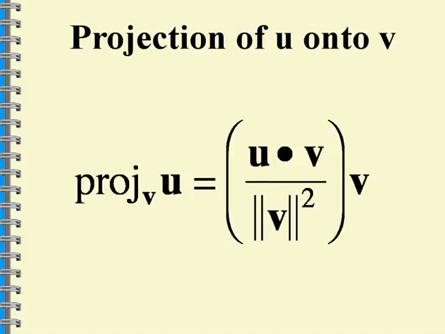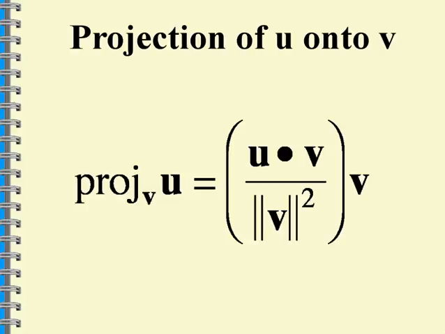So the last thing we're going to talk about today is the projection of U onto V. Notice how you write that: the projection of U onto V, where the little v is a subscript, not a full-size number.